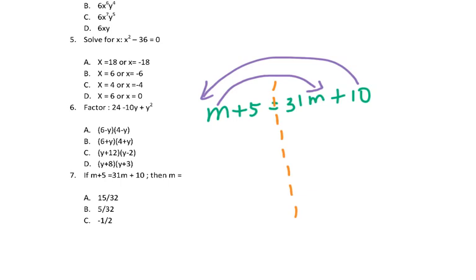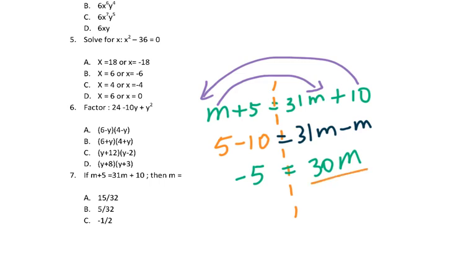When you move across the equal sign, you have to change the sign. Therefore, I will get 5 minus 10 equals 31m minus m. Therefore, you get negative 5 equals 30m. Then you divide by 30.